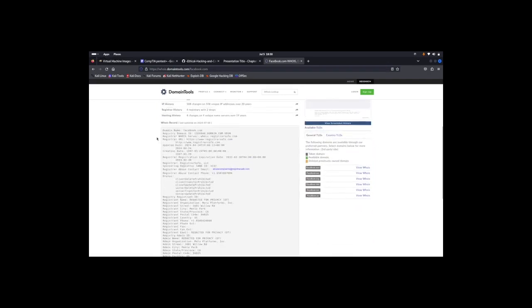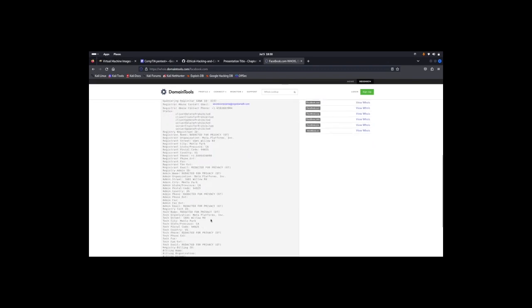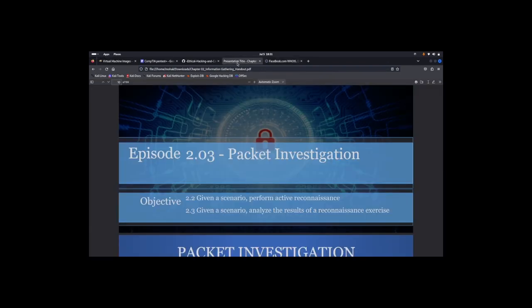Here you can see there is a whole record of it. You can use it for information purposes. I already made a video on information purposes.